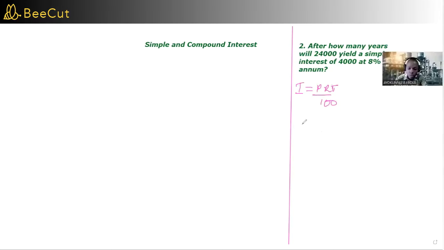24,000. Okay, 4,000. That's the interest. 4,000 equal to what? Equals to 4,000 equal to 24,000 times 8 times T. Times T, yes.